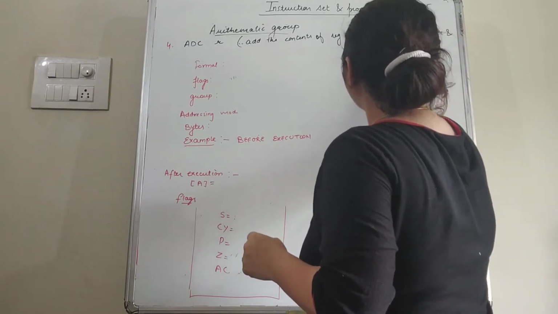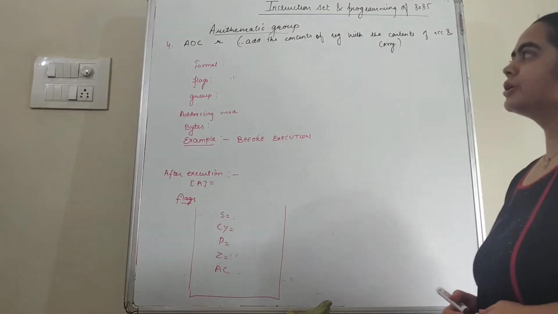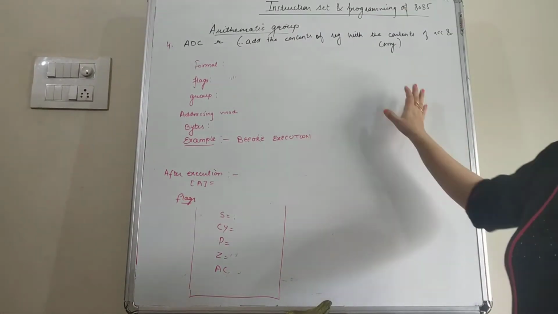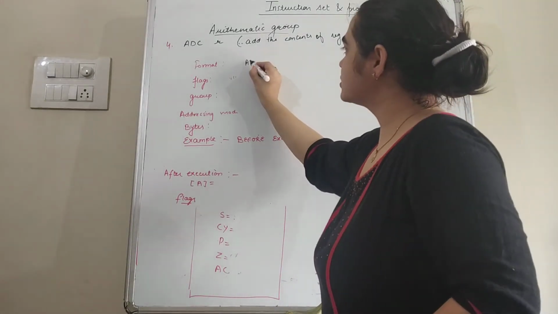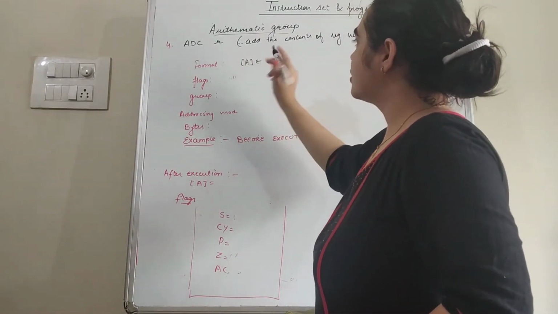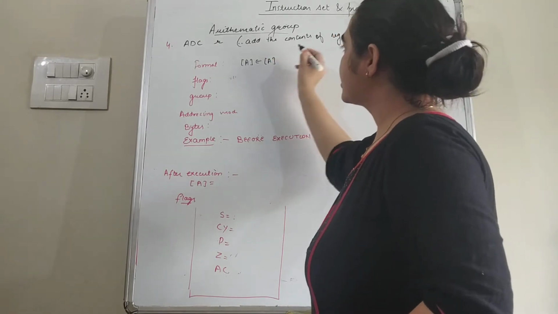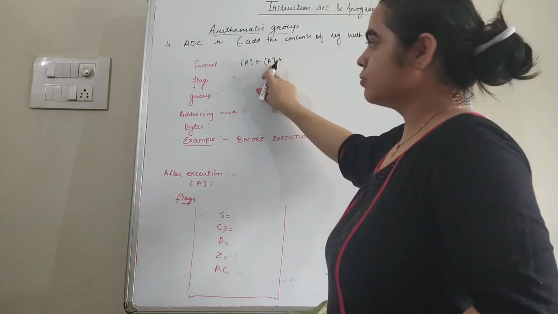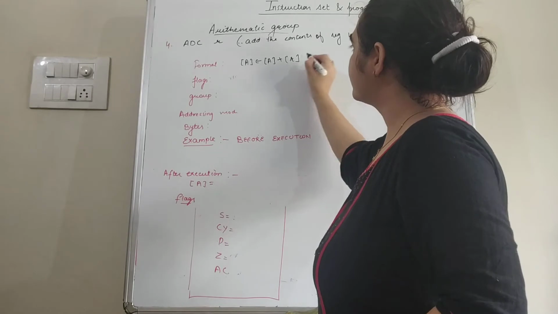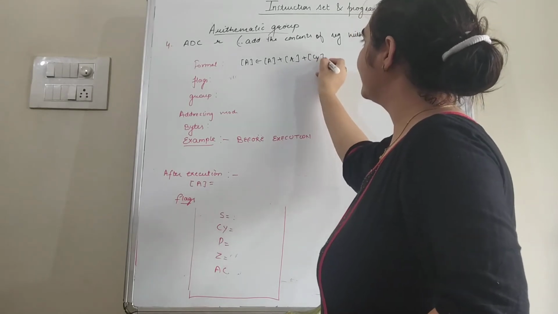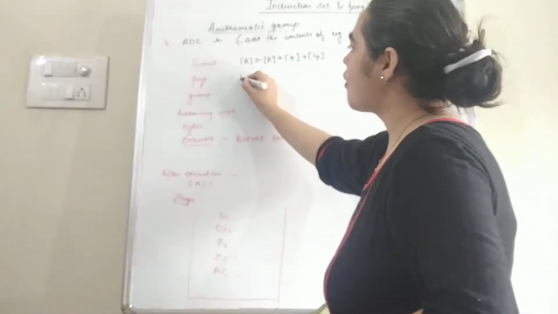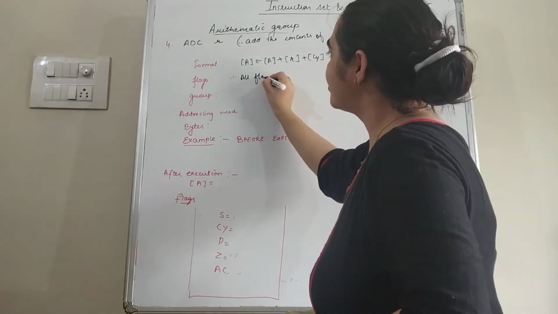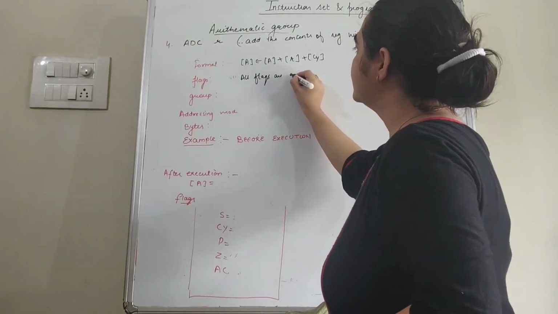So here we have a carry which we are going to add with the contents of the register and the contents of the accumulator. So format of this instruction is, in accumulator we can add the result of accumulator plus the contents of register plus the value that is present in the carry flag. So again all the flags are affected by this instruction.